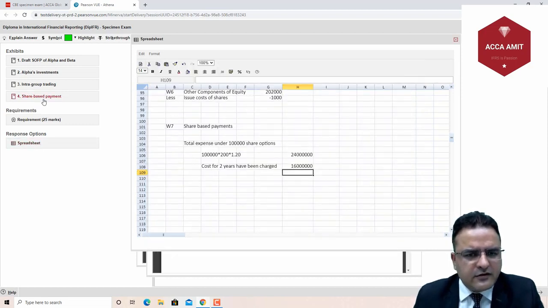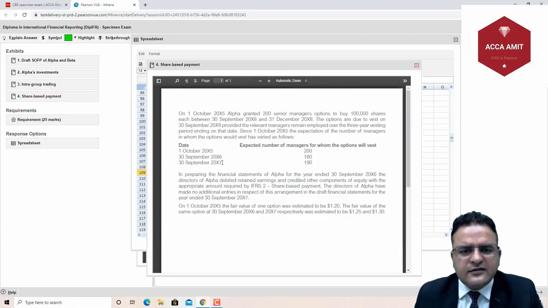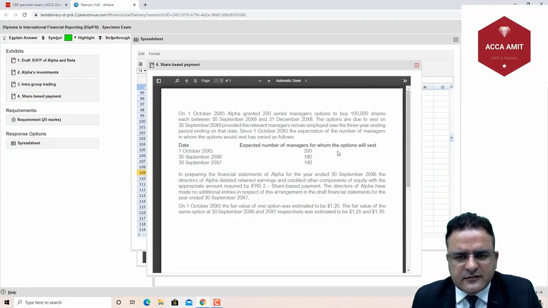On 30th September 2006, the expectation was that 180 will exercise the rights. Out of 200 senior managers, 180 will exercise the option.